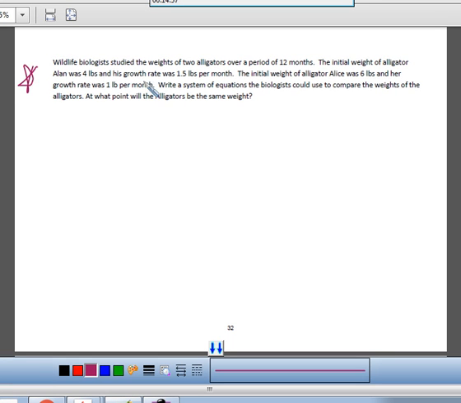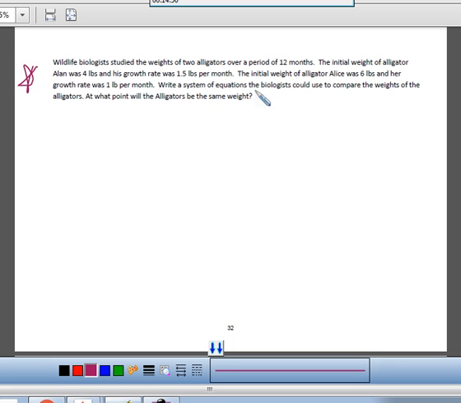So, wildlife biologists studied the weights of 2 alligators over a period of 12 months. The initial weight of the alligator, Alan, was 4 pounds, and its growth rate was 1.5 pounds per month. The initial weight of alligator Alice was 6 pounds, and her growth rate was 1 pound per month.